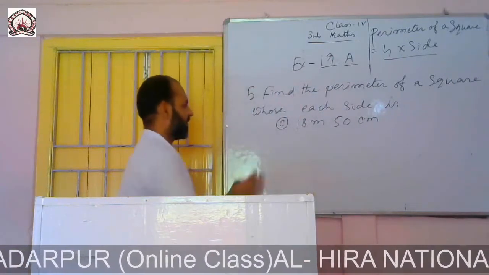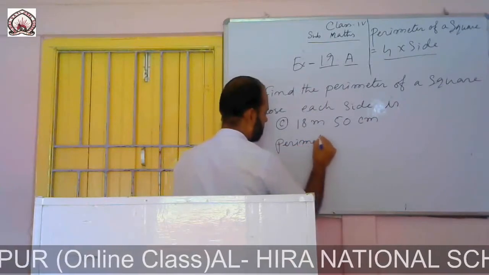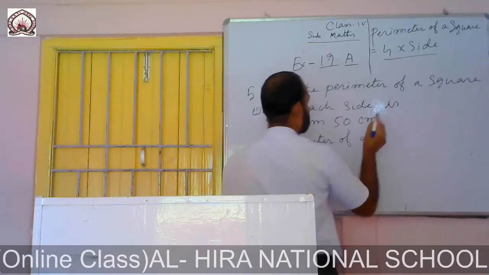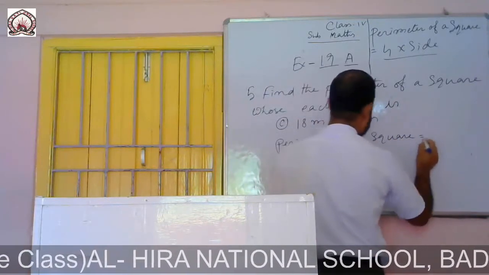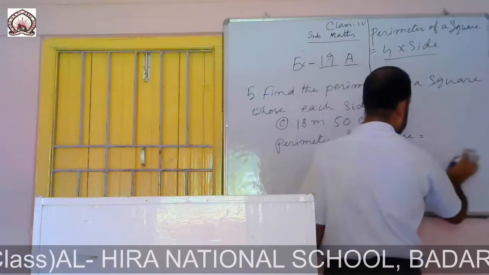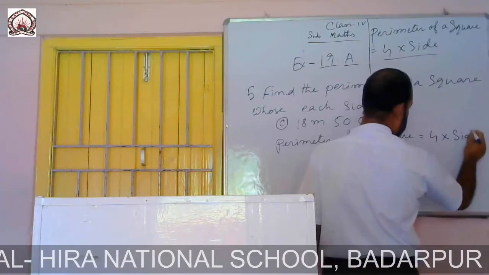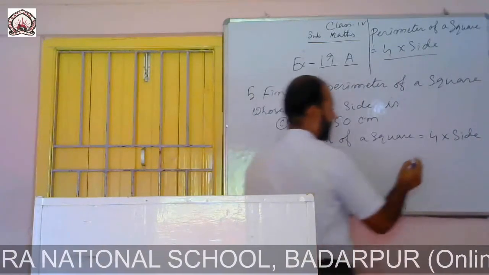Perimeter of a square equals 4 into side.